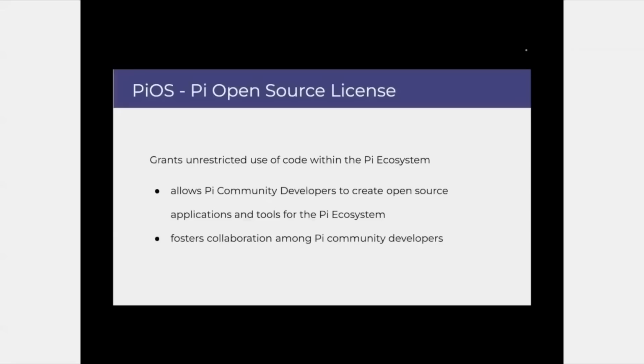So this allows Pi community developers to create source code and applications that are custom for the Pi ecosystem, all the way from full-fledged apps to libraries, and foster all sorts of collaboration between Pi community developers.